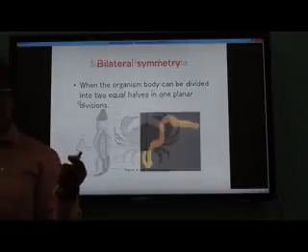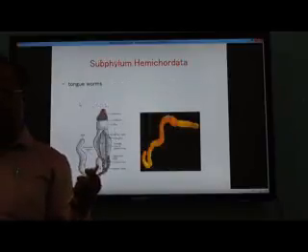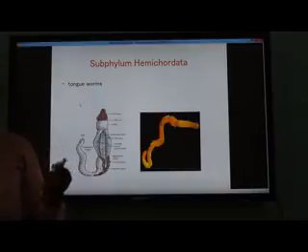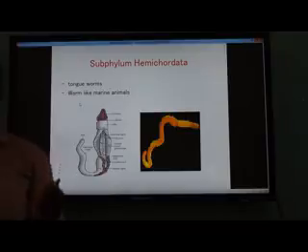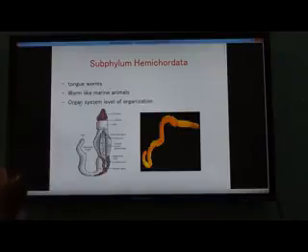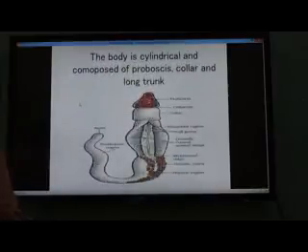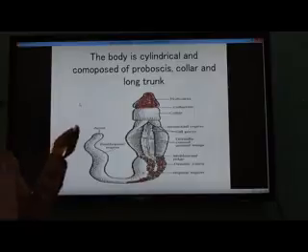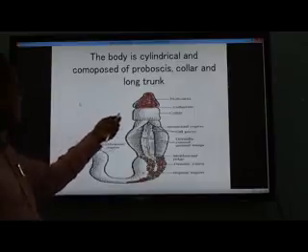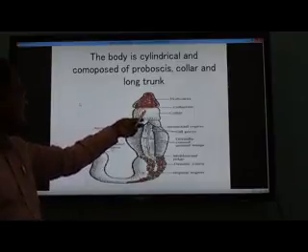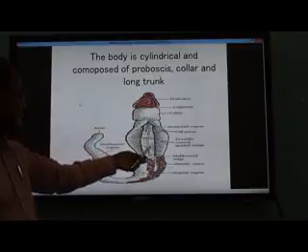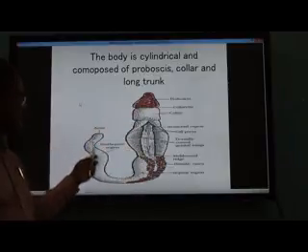Next, it is further classified into different groups, starting with hemichordates. These are the tongue worms, with a worm-like body, totally marine. They have organ system level of organization. The body is cylindrical and composed of proboscis, collar and a long trunk. This is the proboscis, this is the collar, this is the trunk and this is the tail.